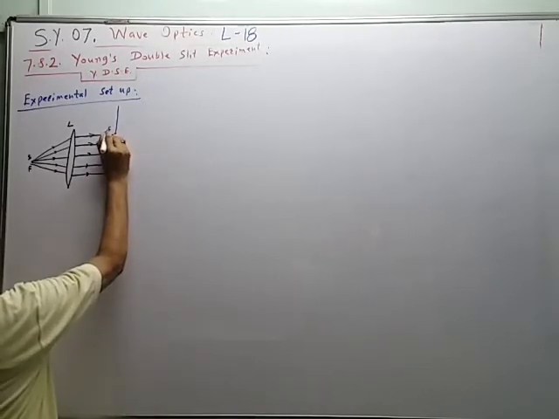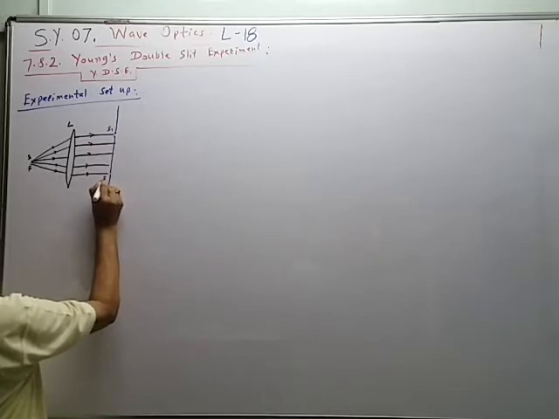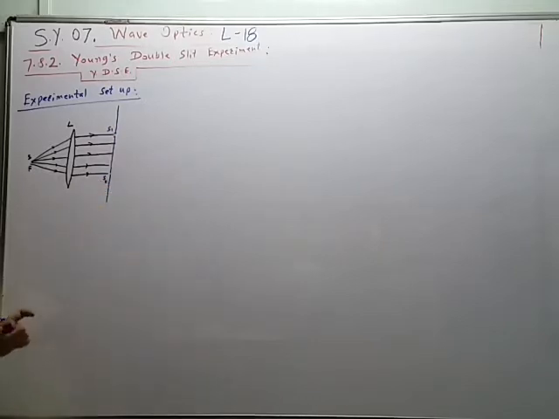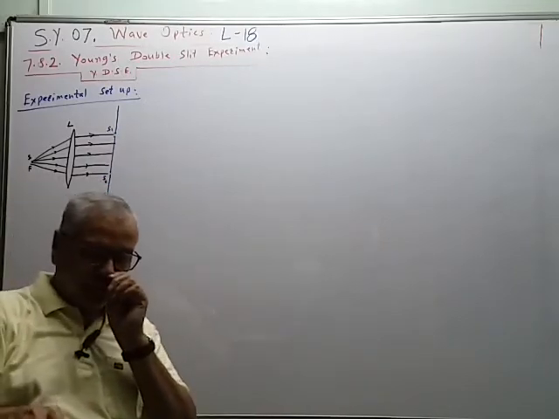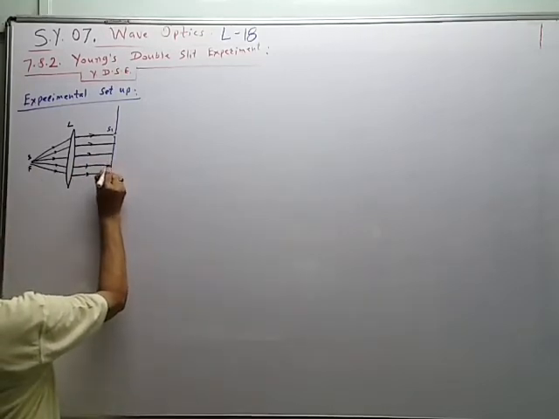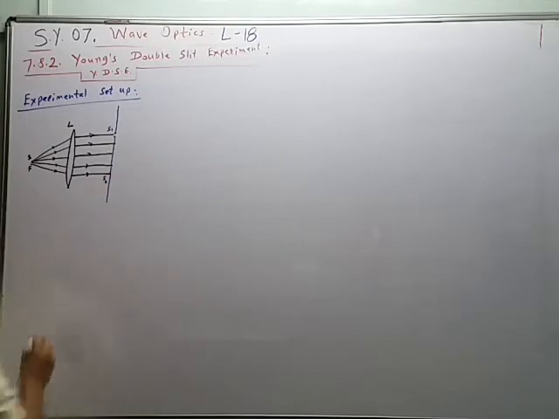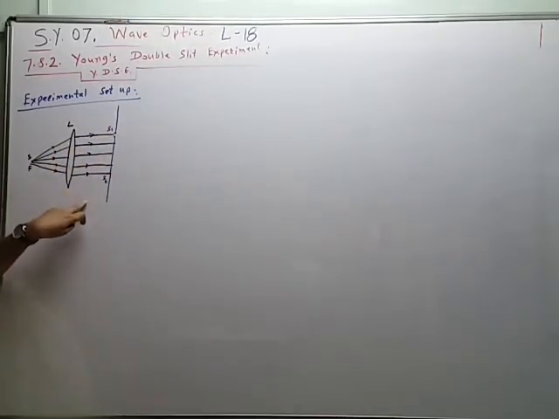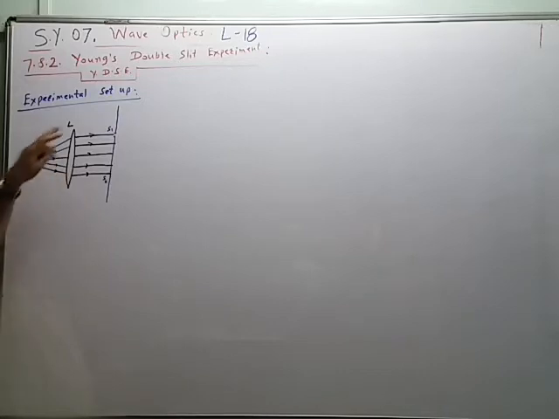So S1 is one slit, S2 is another slit. So in this case, S is a primary source, S1, S2 are the secondary sources, and they are obtained from one and the same source. Therefore, S1 and S2 behave as coherent sources. Now, it is a rectangular slit. S1 and S2 are rectangular slits.